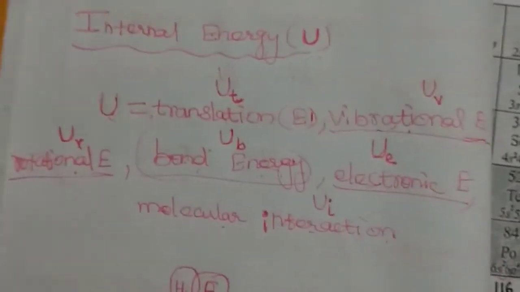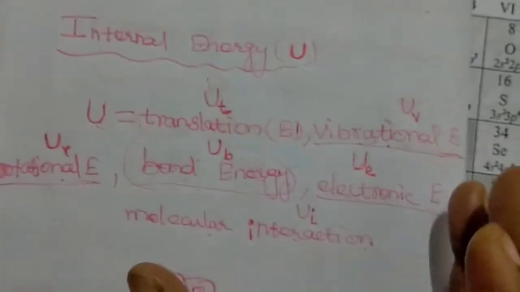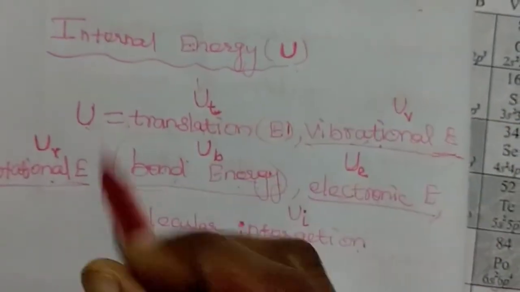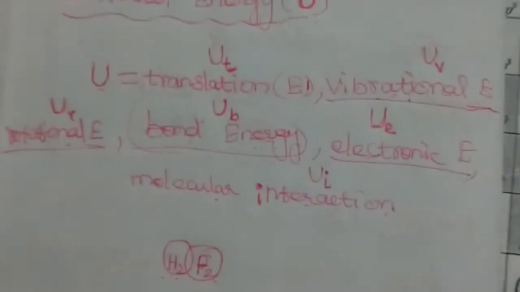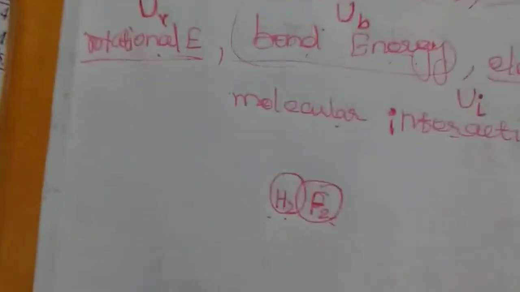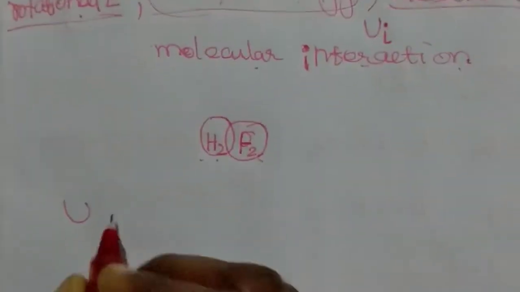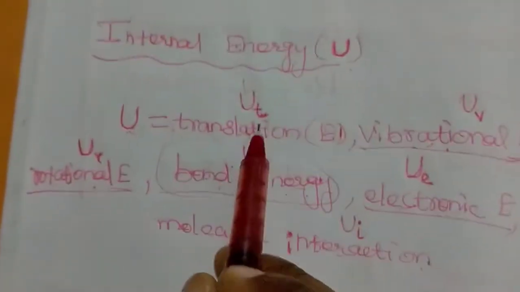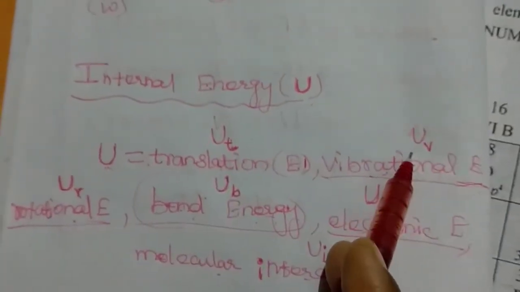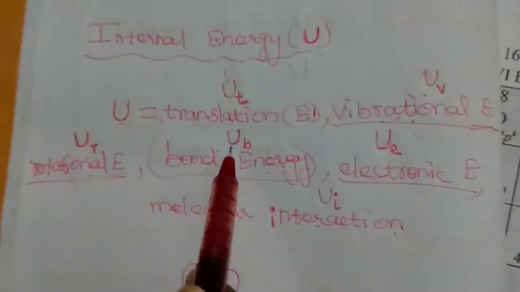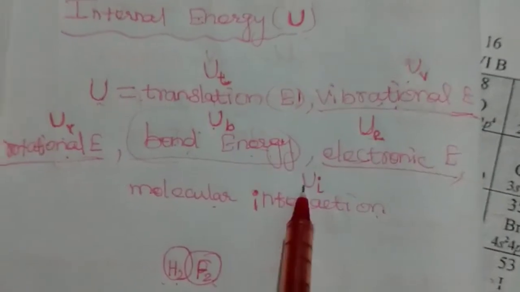The sum of all these energies is the internal energy of the system. Writing the internal energy of the system, U is equal to UT plus UV plus UR plus UB plus UE plus UI.